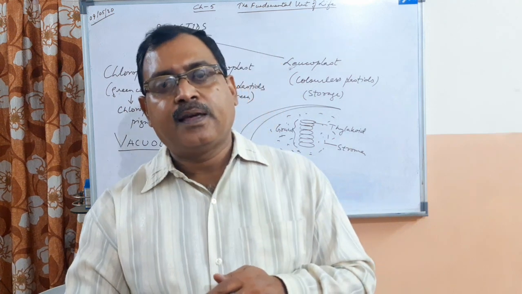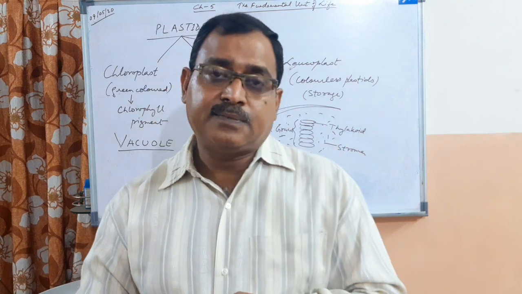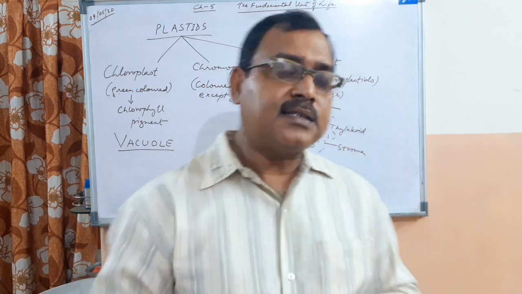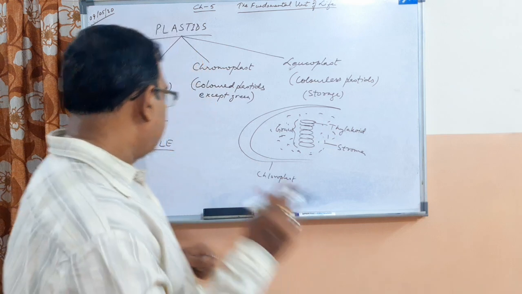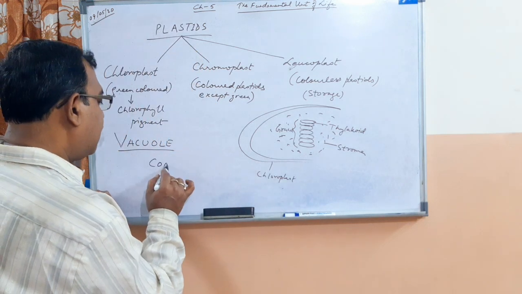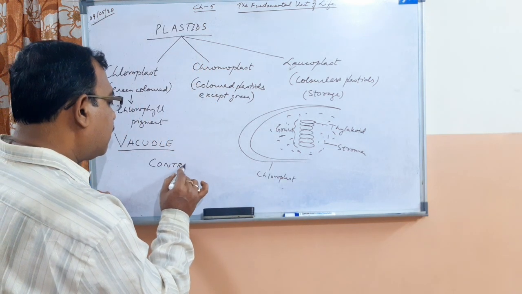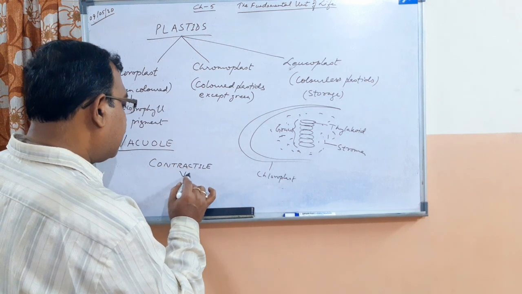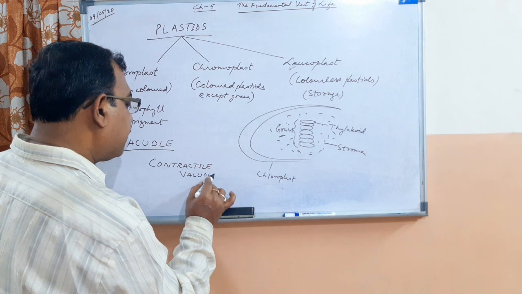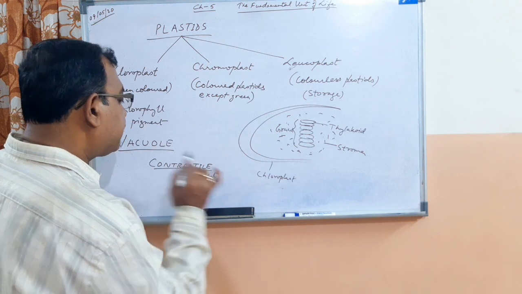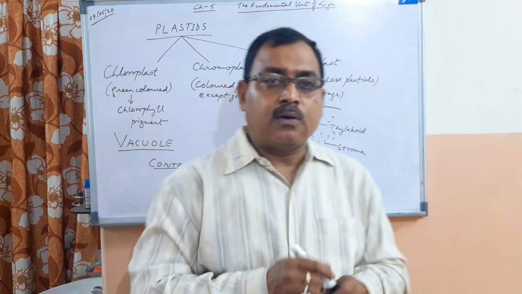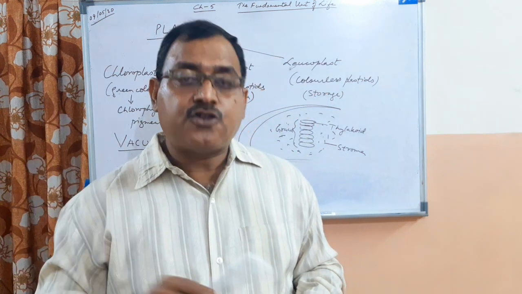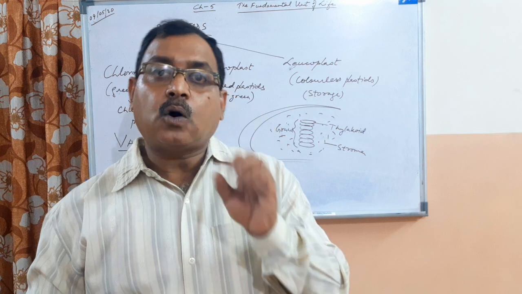is absorbed. In some other organism, there is another type of vacuole found in case of animals. That is called as contractile vacuole. This contractile vacuole found in amoeba, found in paramecium, it helps in osmoregulation.